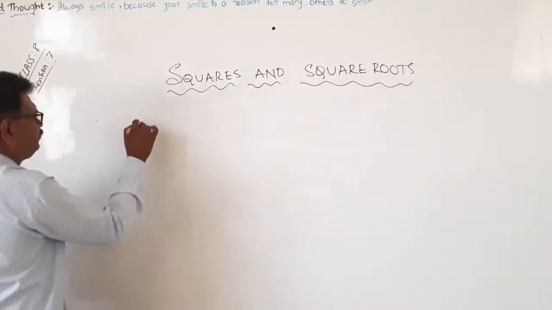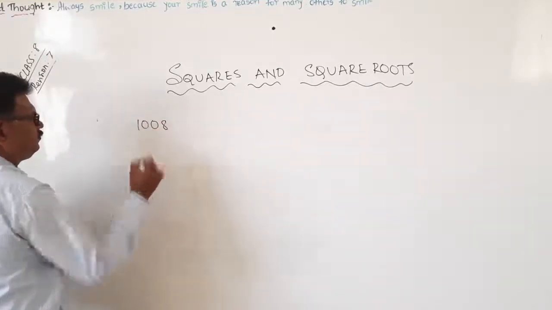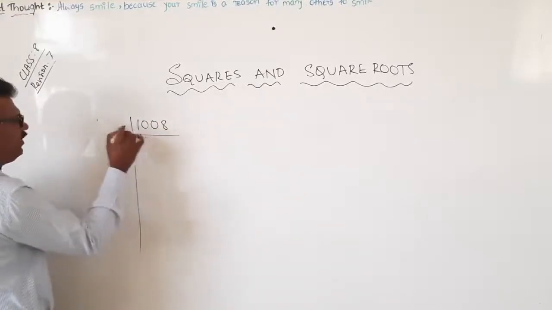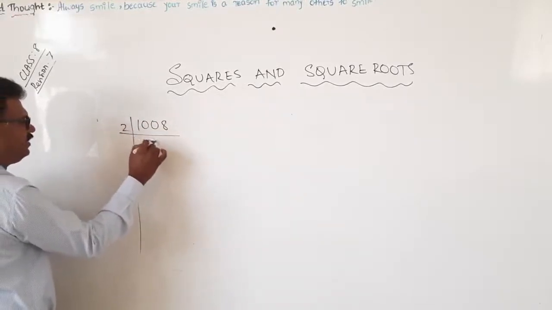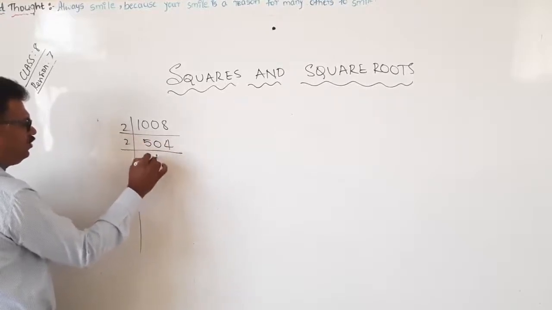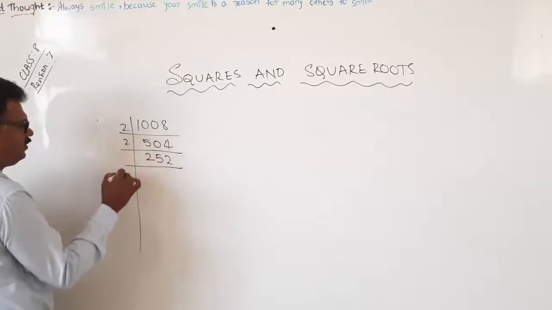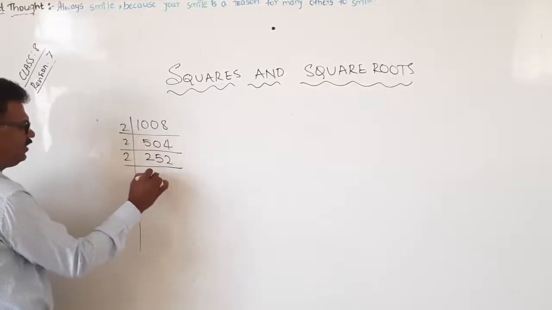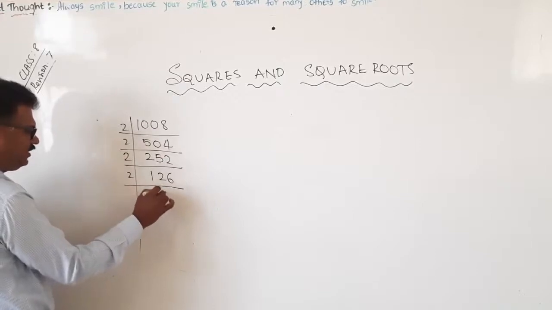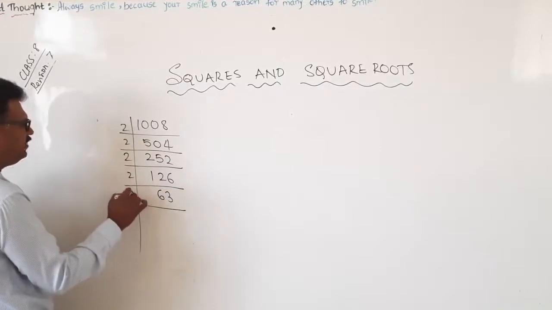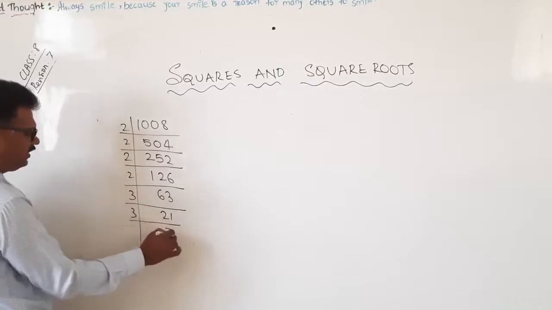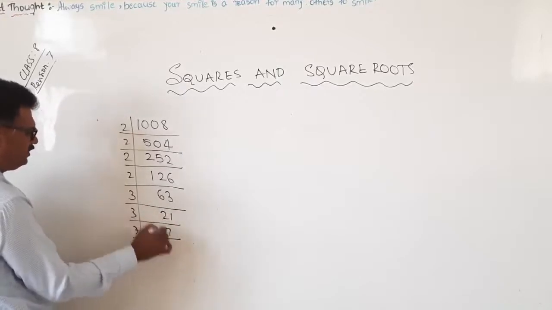1008. Take 1008. Now divide. 2 into 504, 2 into 252, 2 into 126, 2 into 63, 3 into 21, 3 into 7, 7 ones.